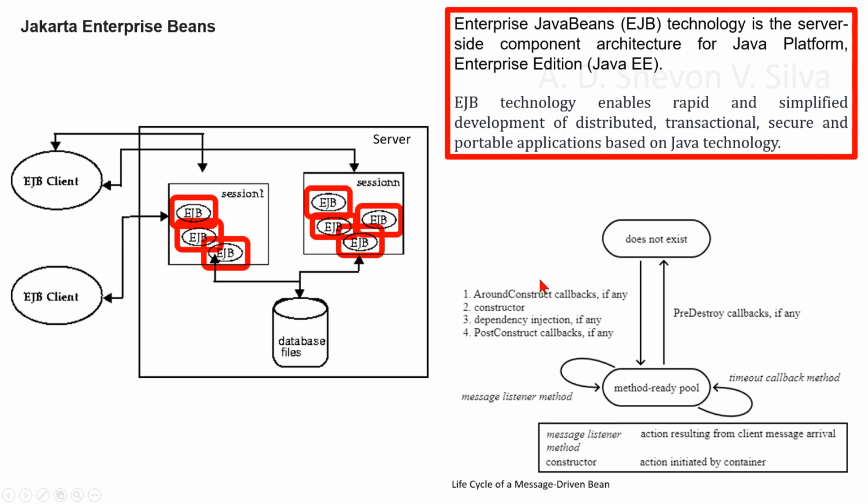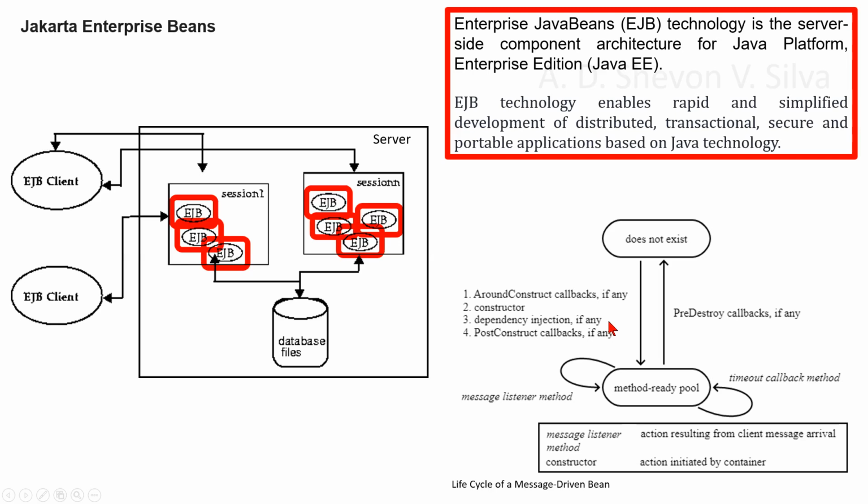A message-driven bean instance's lifecycle starts when the container invokes the message-driven bean class constructor to create a new instance. Next, the container injects the bean's message-driven context object if applicable, and performs any other dependency injection as specified by the metadata annotations on the bean class or by the deployment descriptor.